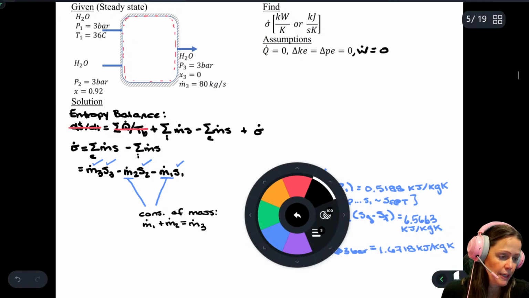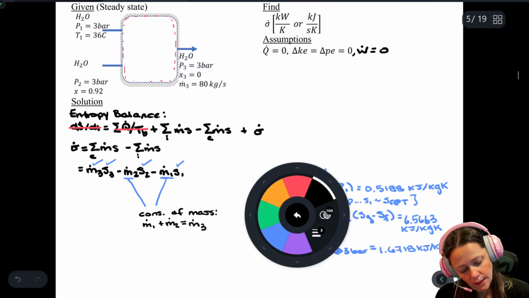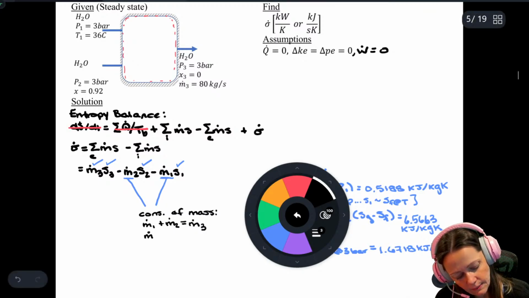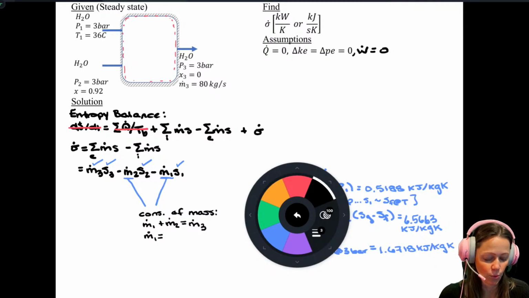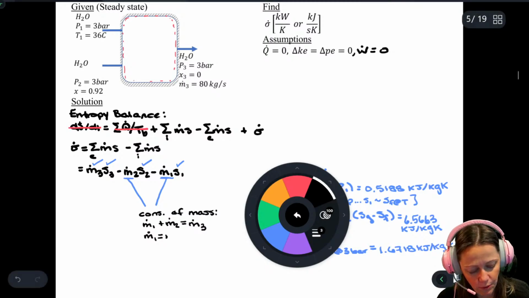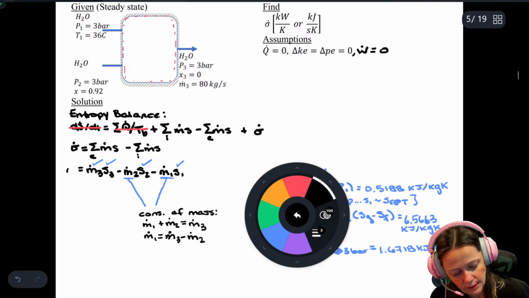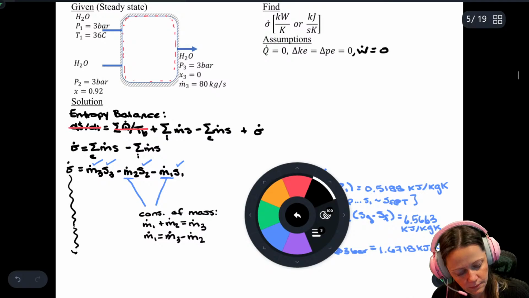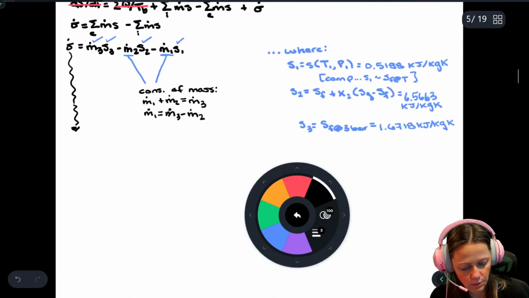I could write this in terms of m dot 1 or m dot 2. What I'm going to do is replace m dot 1 with m dot 3 minus m dot 2. And so now I've got things a little better.